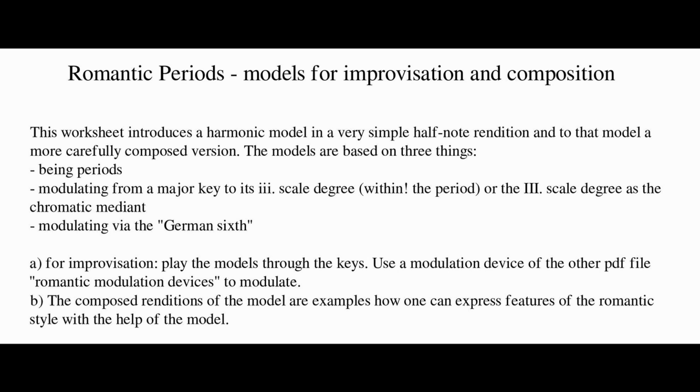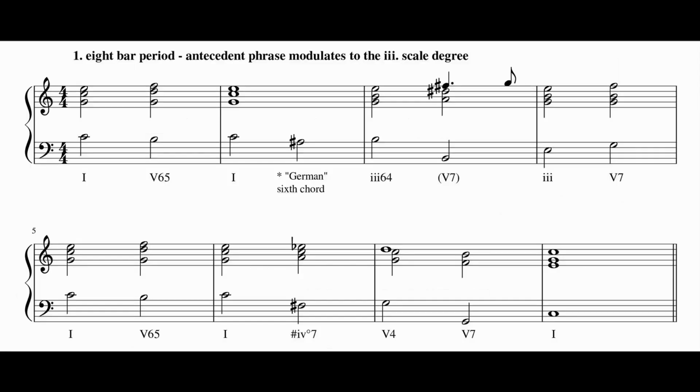Maybe before we go to the modulation devices, let me just introduce the models. For this little presentation I actually used the 1B version, but let's start with the 1A version, so to speak.